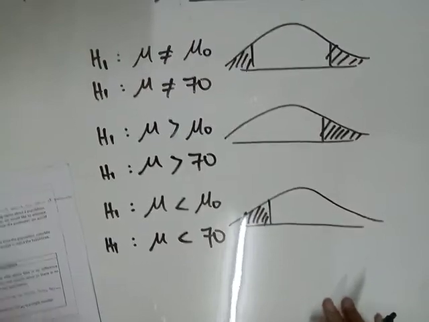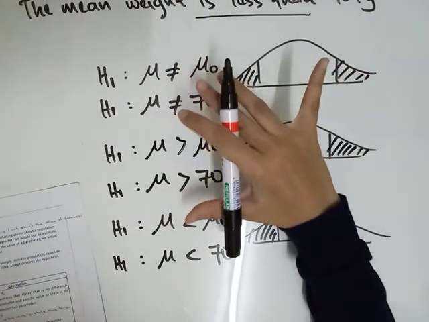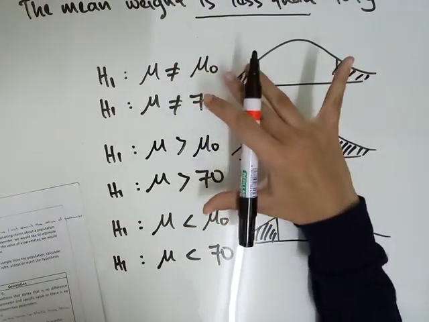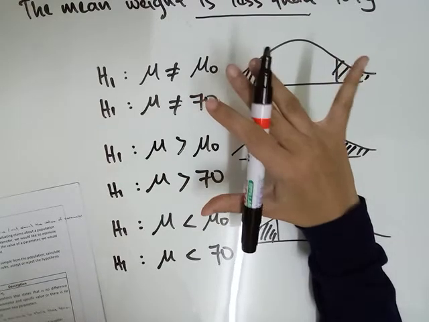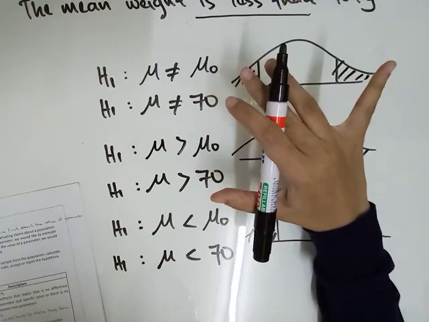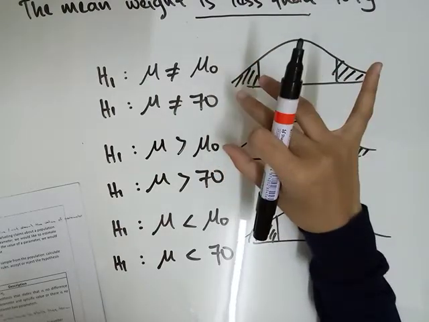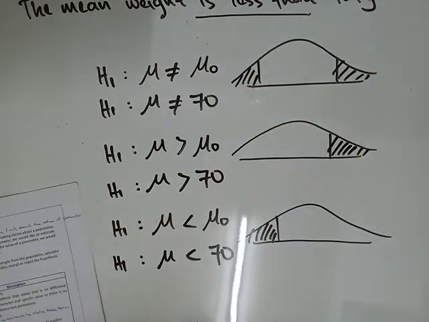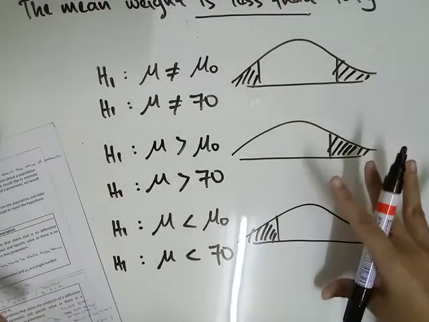Okay, so apa function H1 ni? H1 ni, it represents the current condition, the statement that we need to test. Okay, itu function H1. Boleh faham lah setakat ni, insyaAllah.